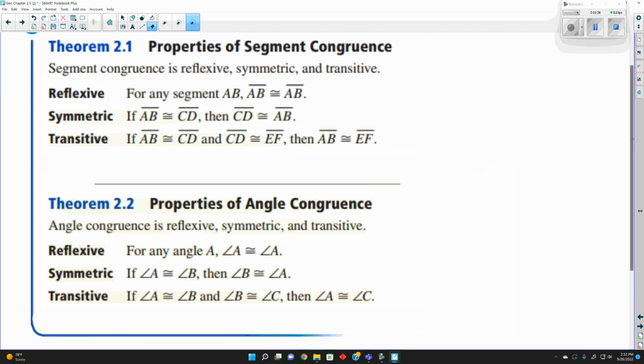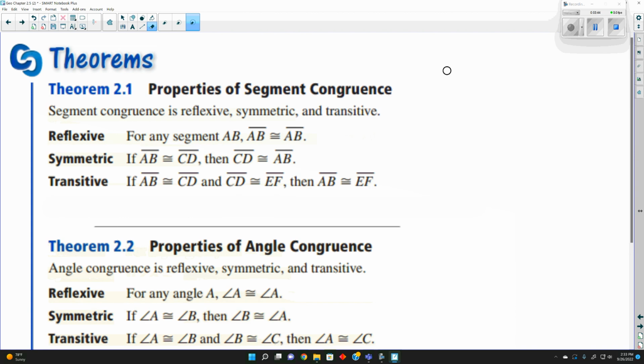Well, our equality reflexive, symmetric, and transitive properties do work, but for us to be able to use them, we have to talk about the measures. So for, say, the symmetric property for segment congruency, AB is congruent to CD.